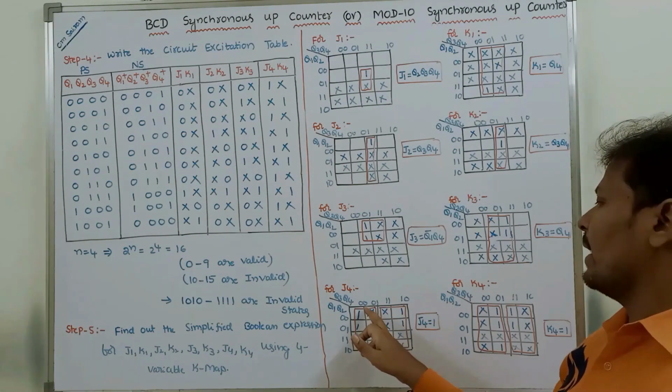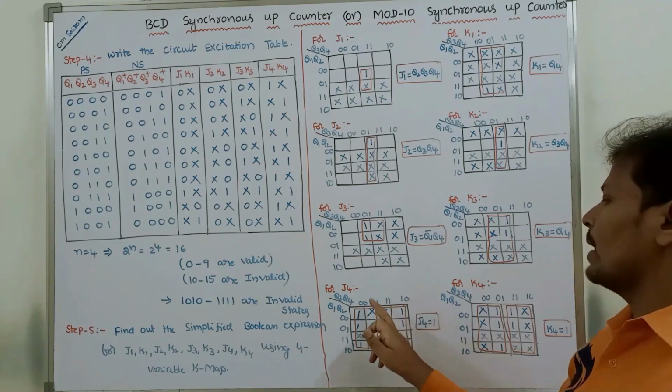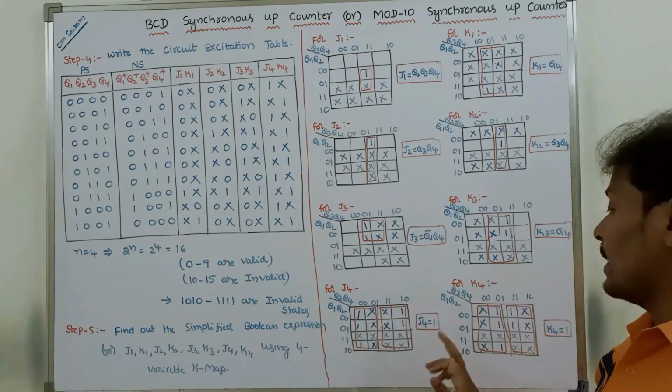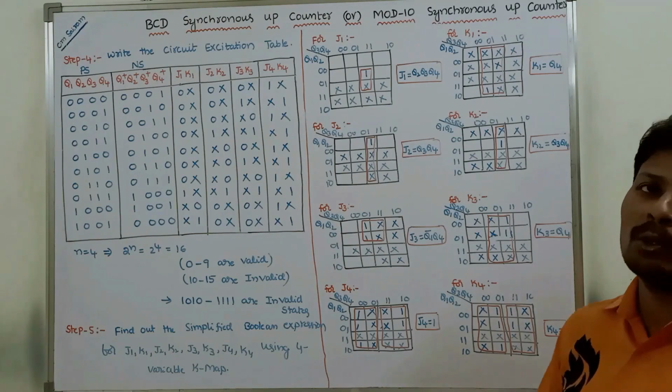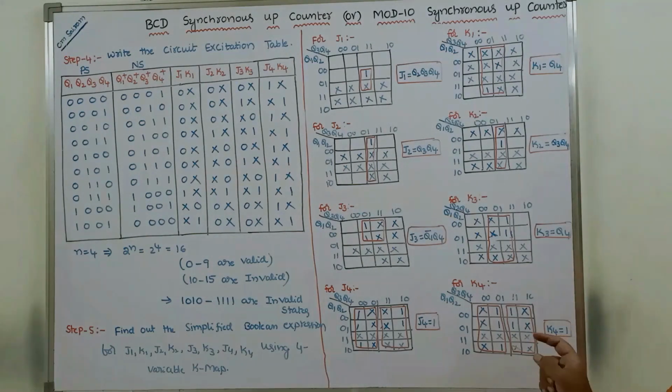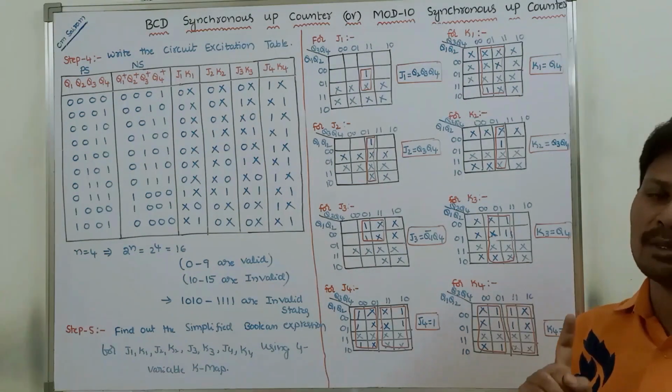Then here we are getting Q3 bar, and here Q3 bar plus Q3, which is 1, therefore the J4 value is 1. In the same way for K4, this is Q3 bar and this is Q3. Q3 plus Q3 bar is equal to 1. Therefore, K4 is equal to 1. If any Karnaugh map is filled with ones and don't cares, its value is 1.